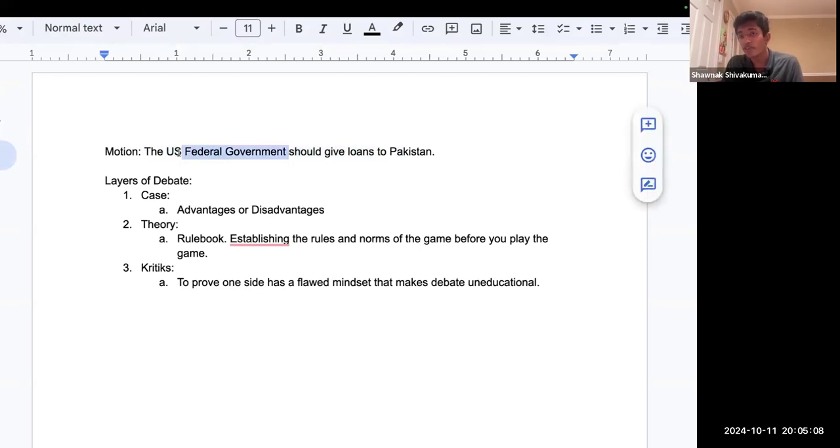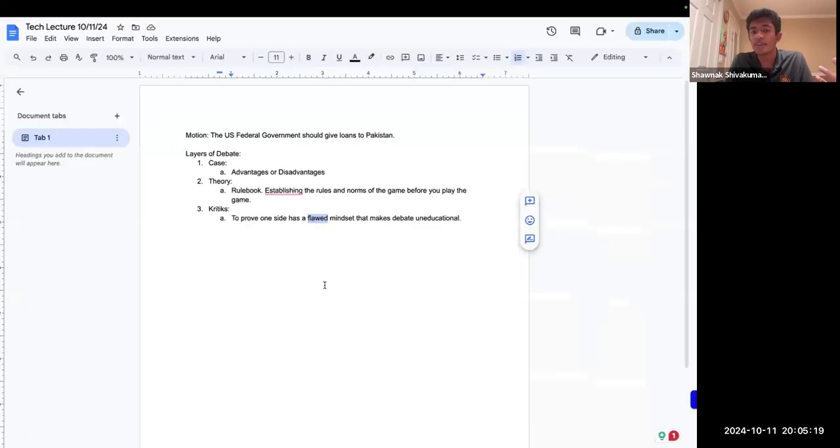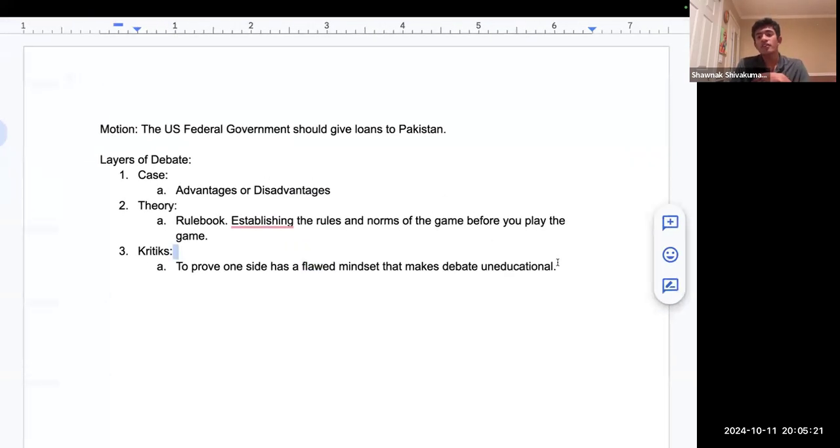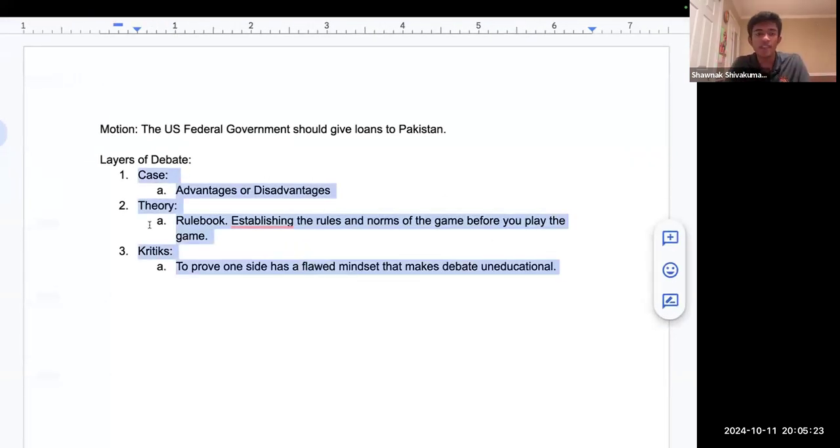By voting for side government, you endorse capitalism, which is a bad thing. So you prove one side has a flawed mindset, making debate uneducational. These are the three layers of debate.